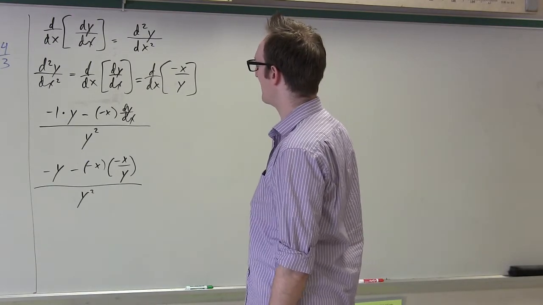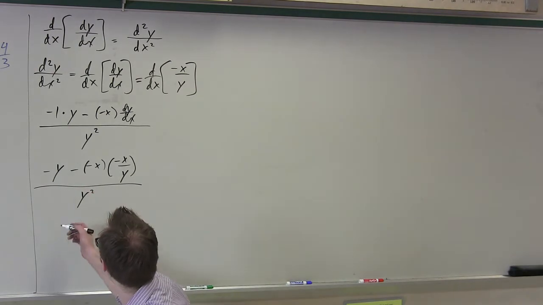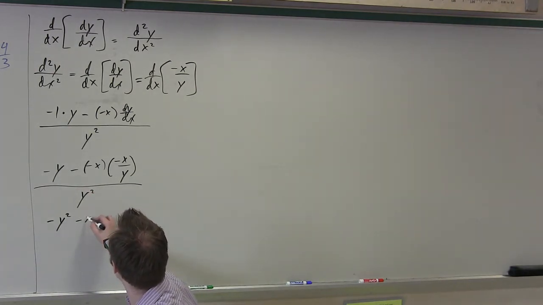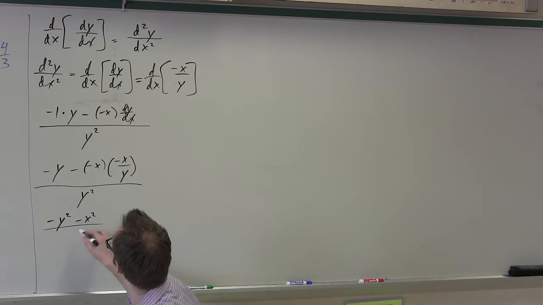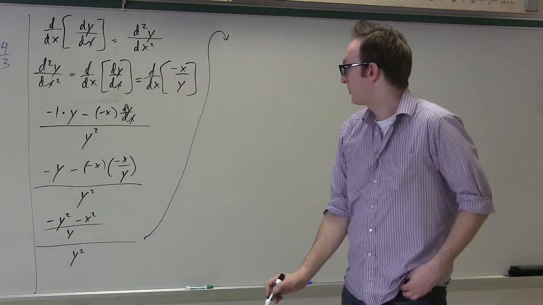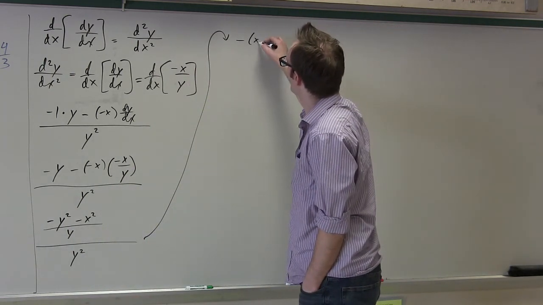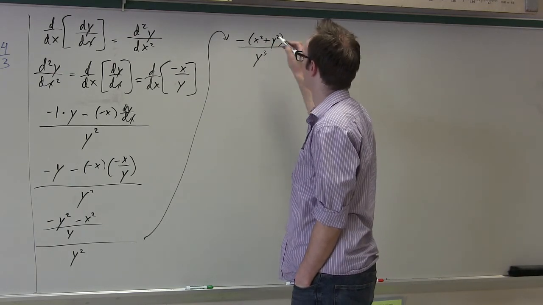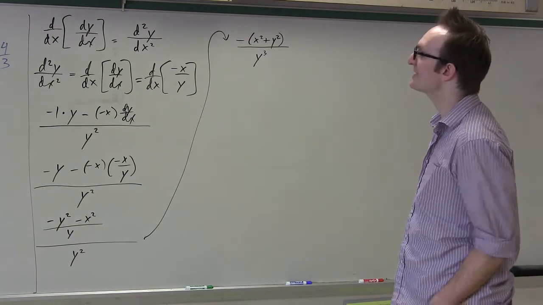And what do I actually end up with? Well, if I get a common denominator, I get negative y squared minus x squared all over y squared. Or this could be written as negative x squared plus y squared over y cubed. Going really fast now.